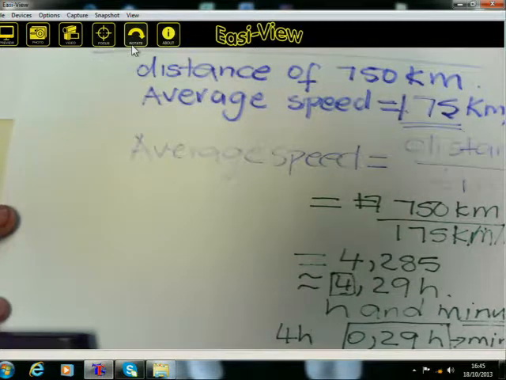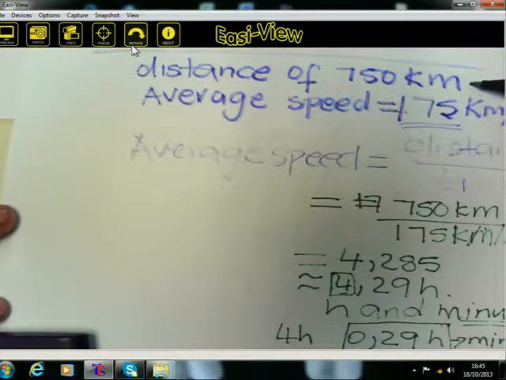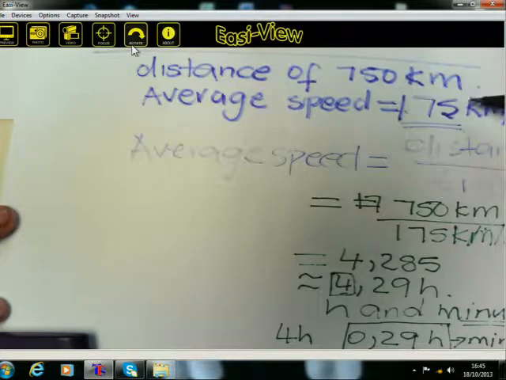Let's look at this question again. Remember, distance is given and distance is 750. Average speed is 175 kilometers per hour.